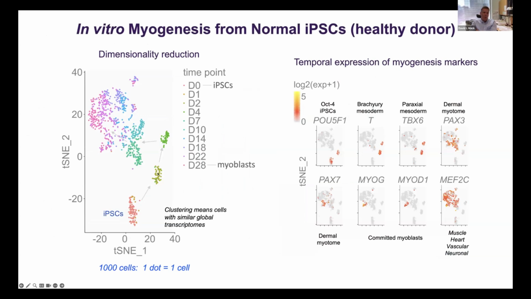And as they march through the iPS to myoblast differentiation scheme over 28 days, you can see they cluster very nicely, although they do become a little more heterogeneous as they approach the myoblast phase. And what you can see is a nice progression through these mesoderm and skeletal muscle markers as they march through this 28 days of skeletal muscle differentiation.